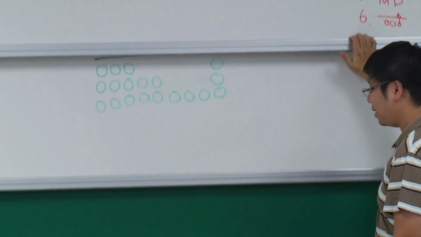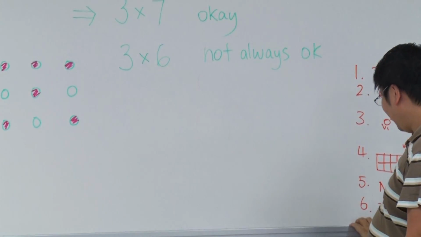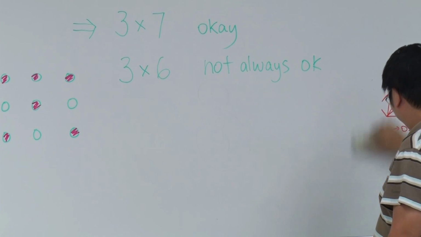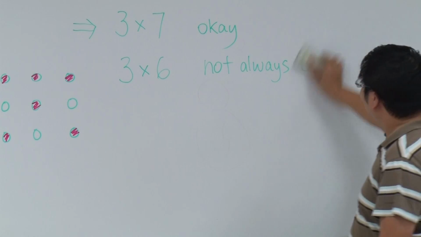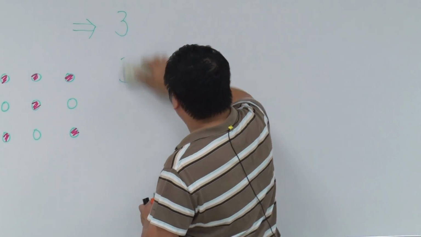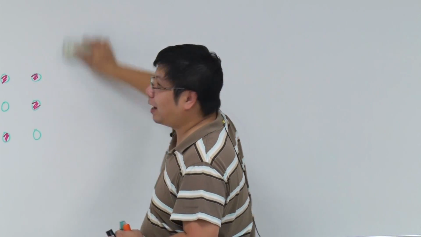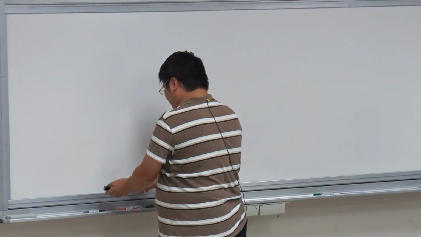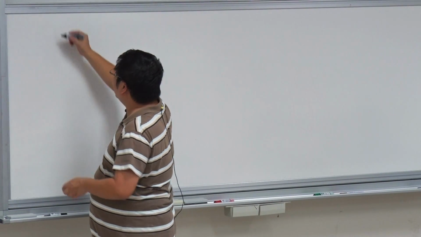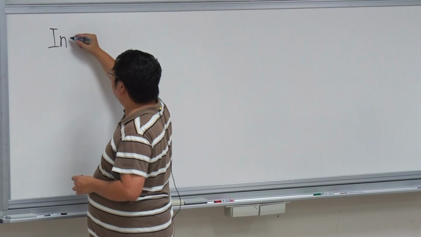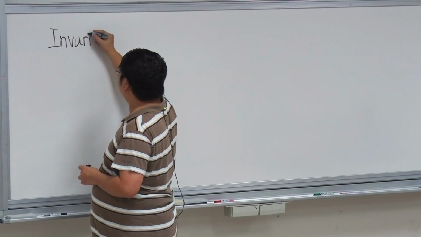So what is the related concept? So I will tell you a related concept. So the idea is to make use of something called invariant. We're going to use an idea called invariant.